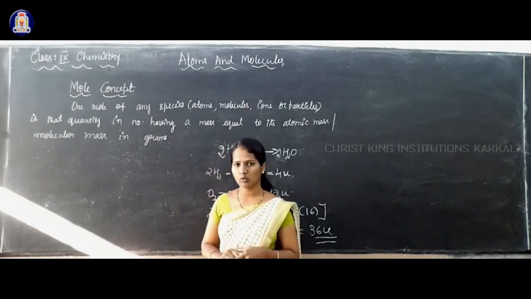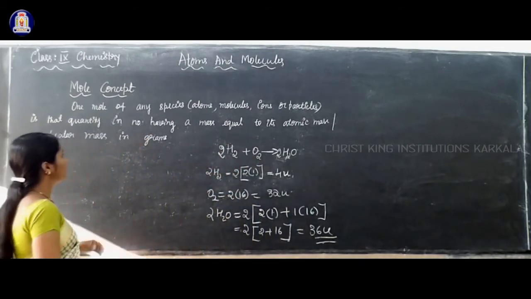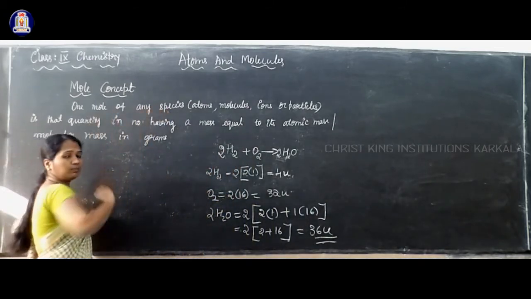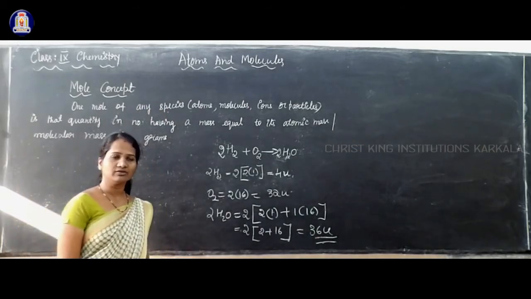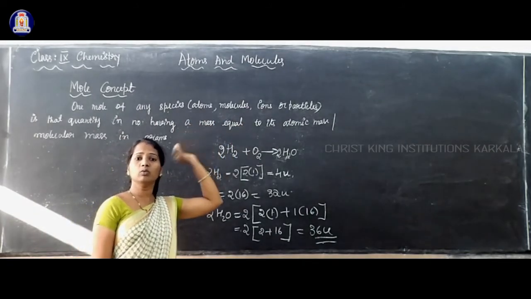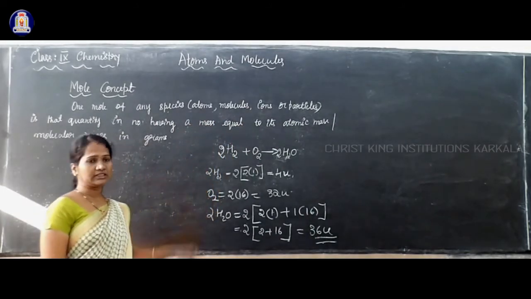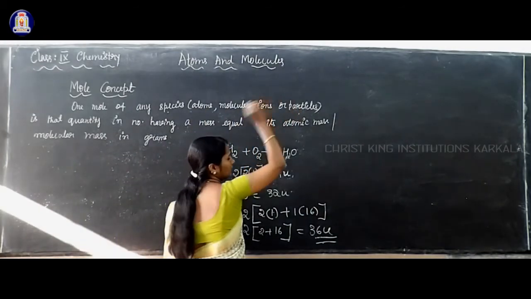So what is this mole? Mole is nothing but 1 mole of a substance or 1 mole of any species. Any species, it may be 1 mole of atoms, 1 mole of molecules, ions or any particles.